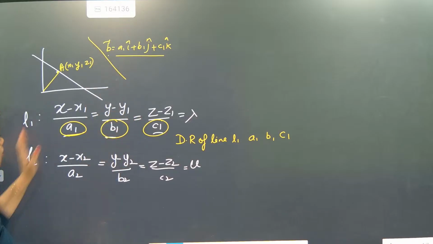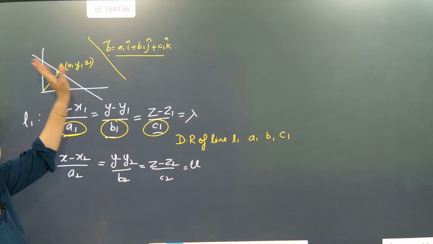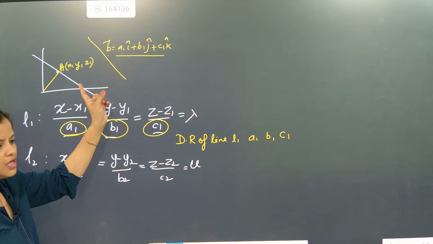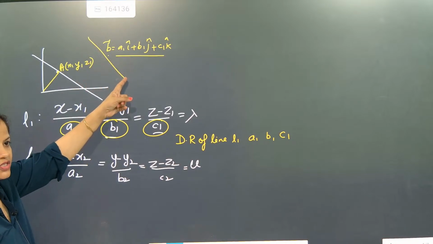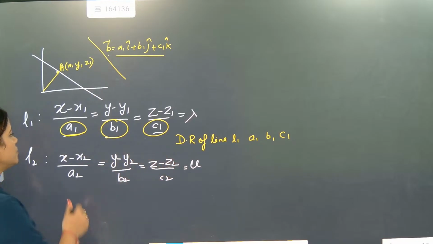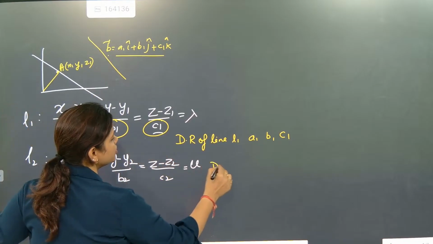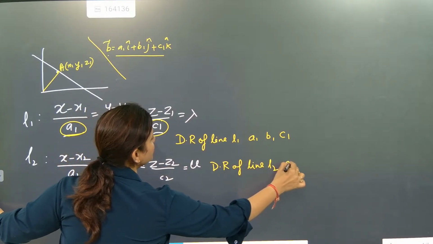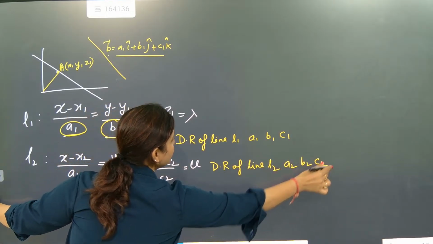So for this, one point is given in a vector. So the one vector which is giving direction will give you, what beta? It will give you the direction ratios. So now here direction ratio of line L2 is A2, B2 and C2.